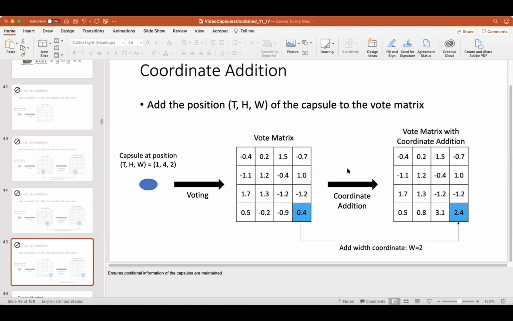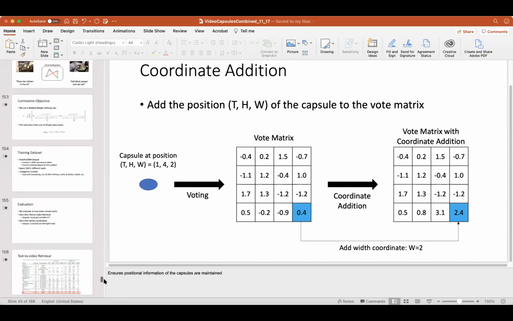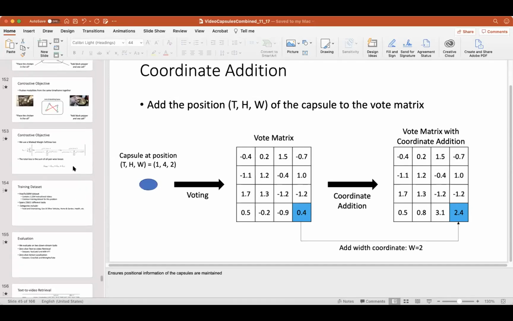For multi-head, one could say that's kind of analogous to the grouping of the capsules. I would say it's a bit different. You can do multi-head attention for capsule routing, and we kind of do this in this final work.